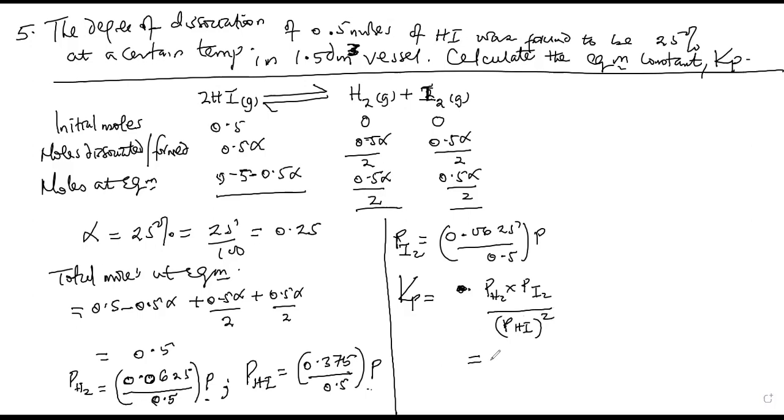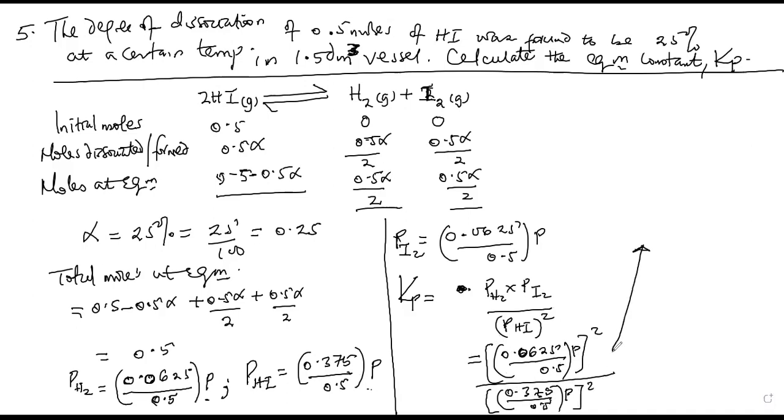Substituting, since hydrogen and iodine are the same, we have 0.0625 over 0.5 times P, squared, divided by, for hydrogen iodide, 0.375 over 0.5 times P, everything squared.